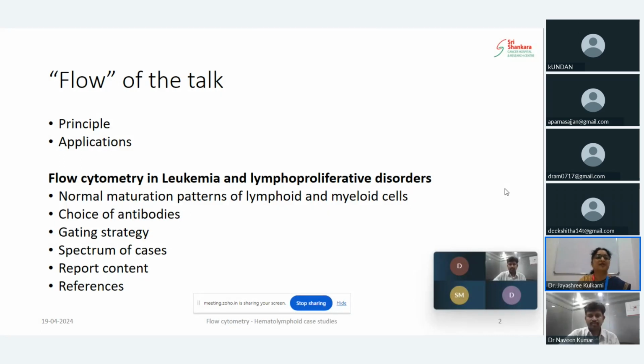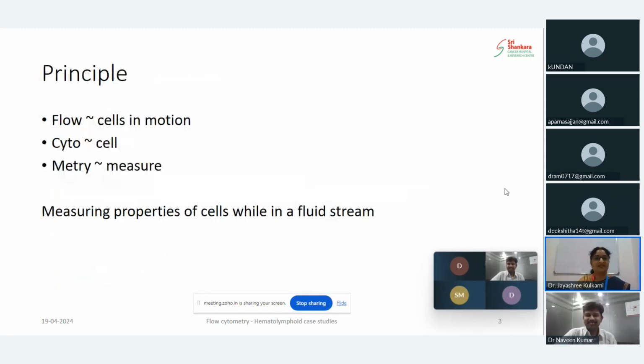We'll see how we choose the antibodies, what the gating strategy is, the spectrum of cases, how the report should be, and what my references are. The time will not be enough to get to the bottom of every case, but I'll try to do my best.